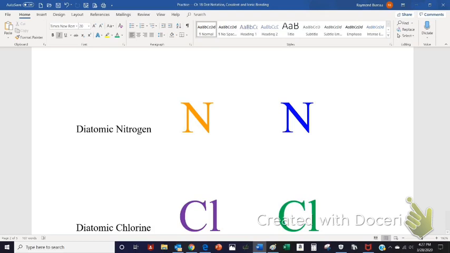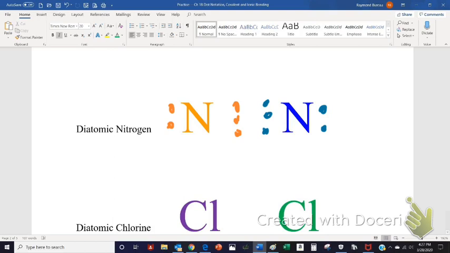So each nitrogen atom is going to do this. Well, since you need 3, I'll put 3 in the middle that we can share, and I'll keep my other 2 on the outside. So once you get used to this, you'll see it's really a lot easier than it looks at first. And then the second nitrogen atom says, okay, then I'll do the same thing. You need 3 from me, so I'll share my 3, and I'll keep my other 2 to the outside.